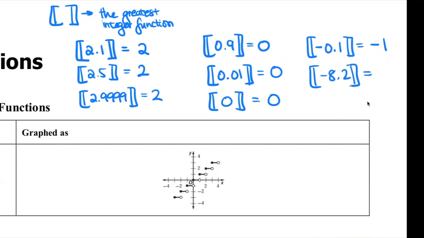Negative 8.2, closest integer without going over would be negative 9. I can't put negative 8 because negative 8 is greater than negative 8.2, so that would be going over. All right, and I'll just do one more example. And that will be equal to, think for yourself what you think that's equal to. And hopefully you thought negative 3.